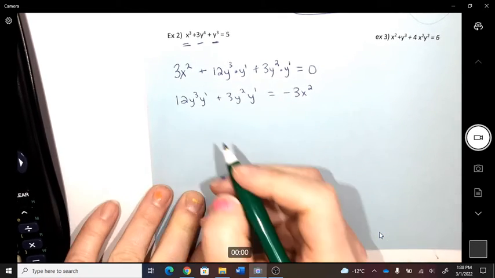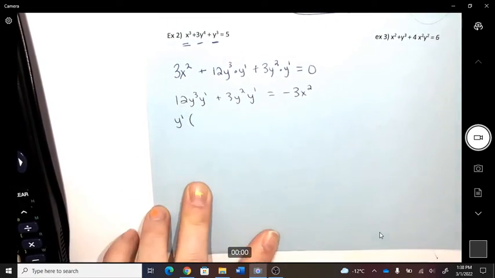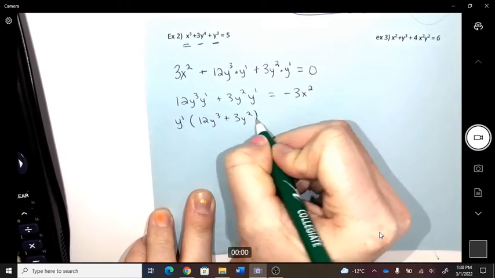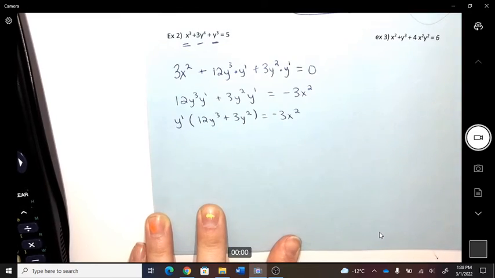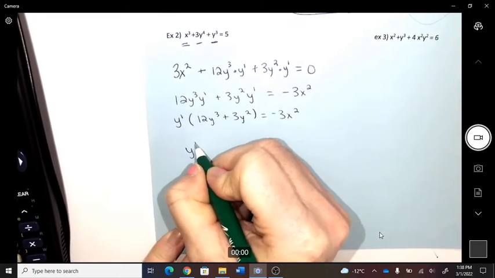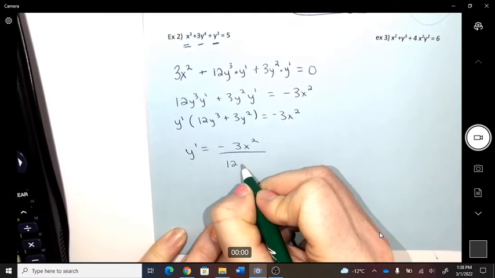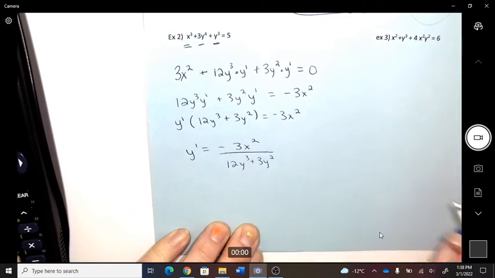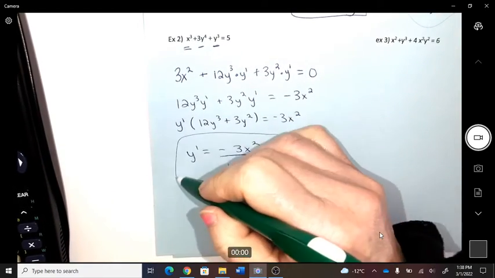Okay, now I'm going to GCF a y prime out. We did this exact same algebra with our log unit. And then I'm going to divide. Okay, so there's your slope equation.